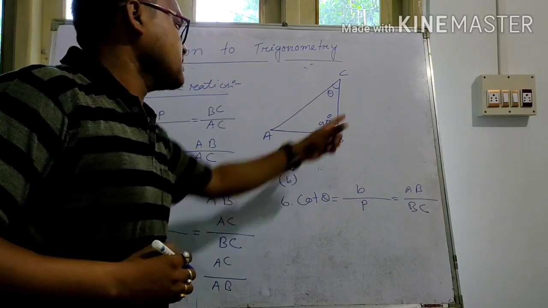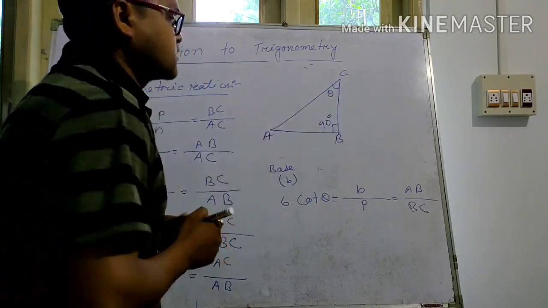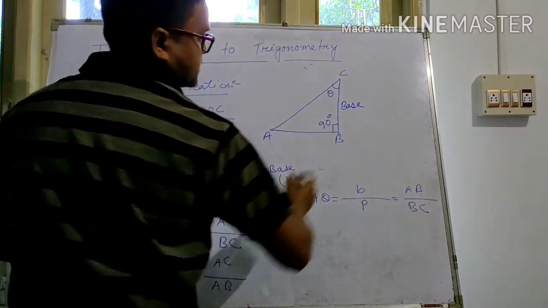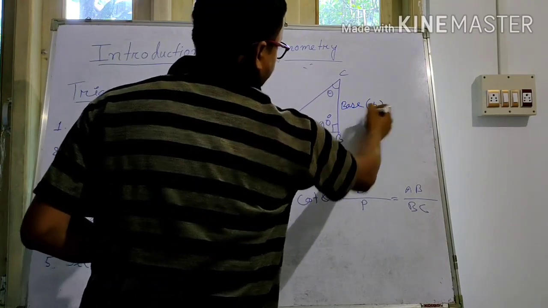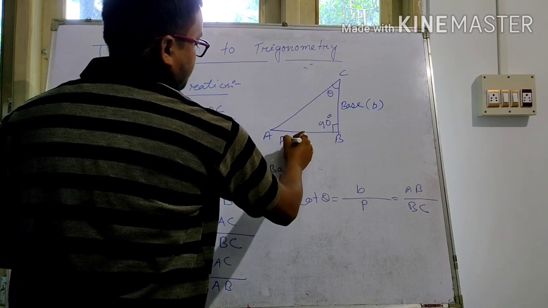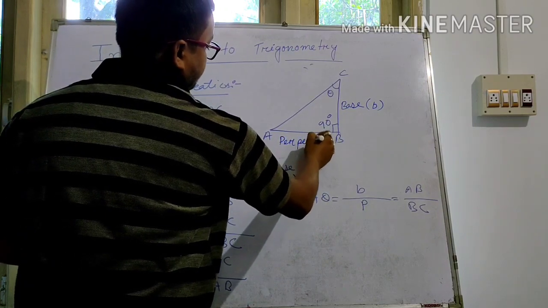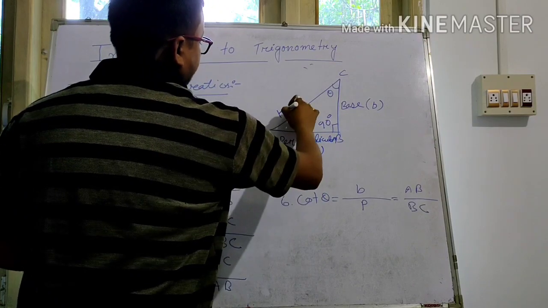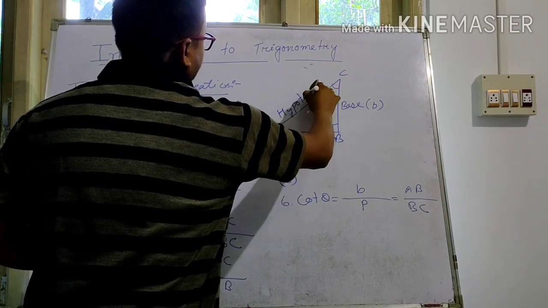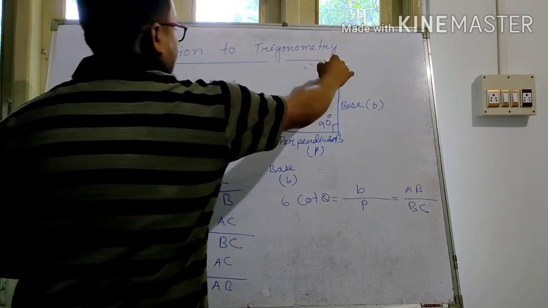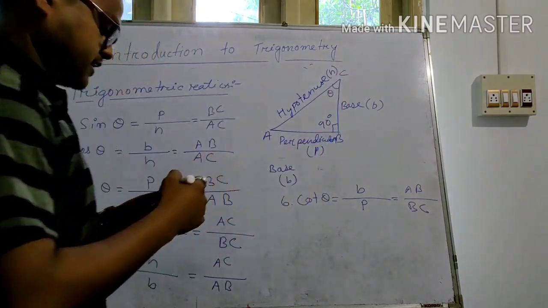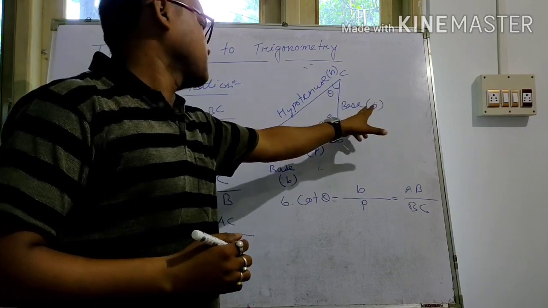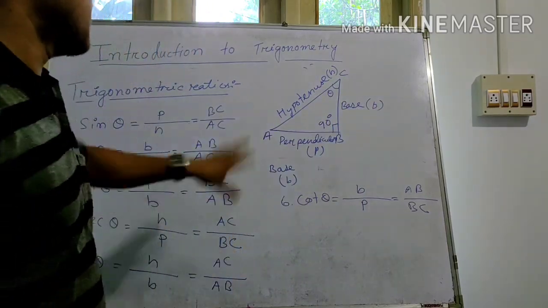You always remember the adjacent side of theta is known as base. Then your base will be here. So you will get base is B. And here this is perpendicular, P, and this is hypotenuse. You always remember where theta is located. The adjacent side of theta is the base. If you remember this, then you will get the ratio.